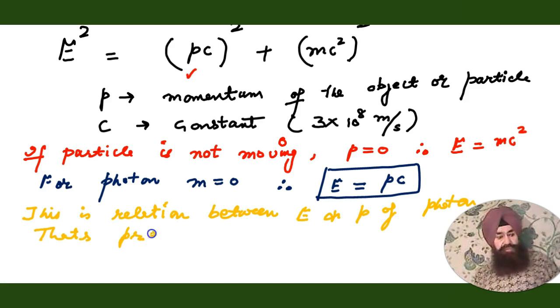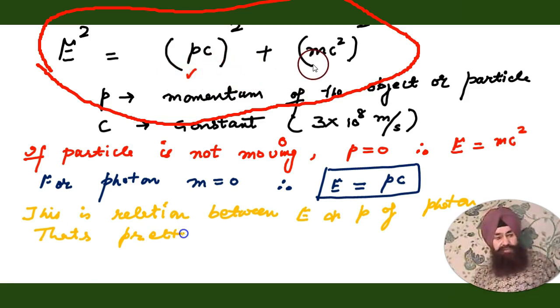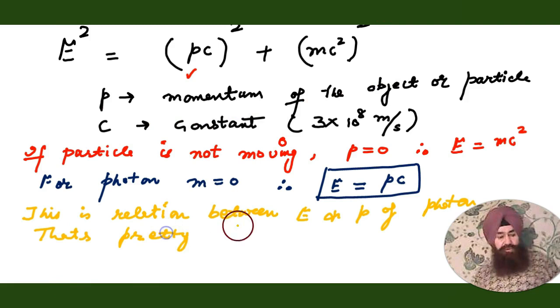That means we are reaching a conclusion that this equation is applicable for particles in motion as well as for a particle at rest, right? As well as for the photon. There's no problem.